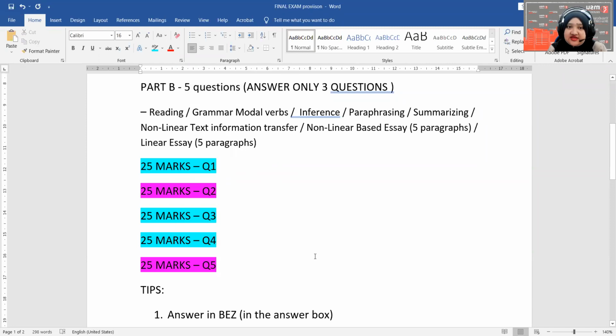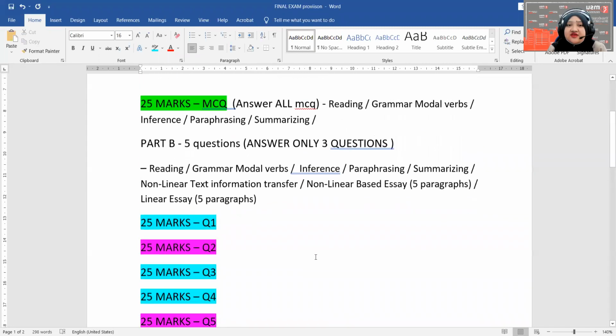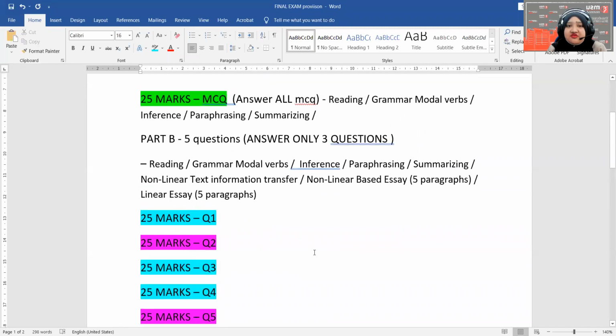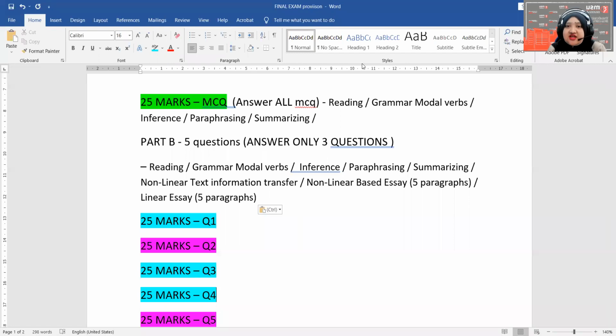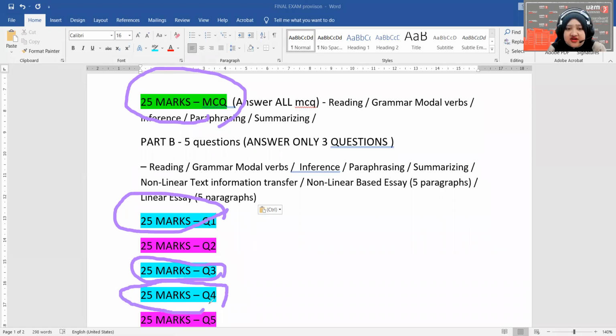Only answer 3. The reason is that for multiple choice questions, you already have 25 marks, right? When you answer the subjective part, you choose one, another one, and the final one. So 25, 25, 25, and 25, that is already 100 points.